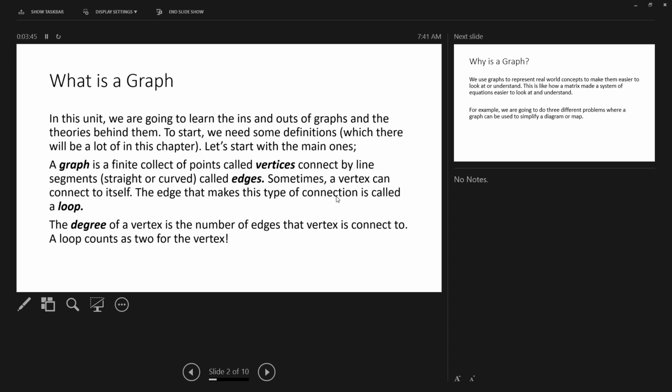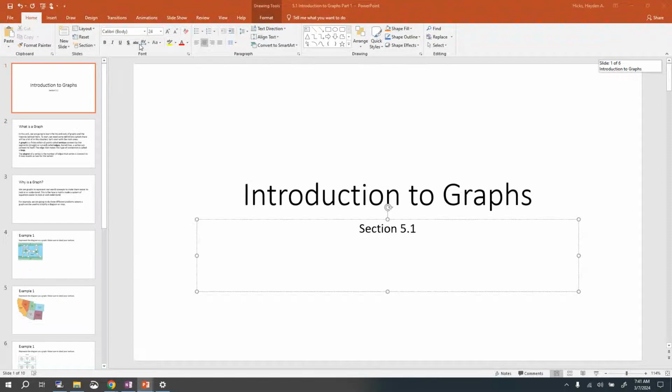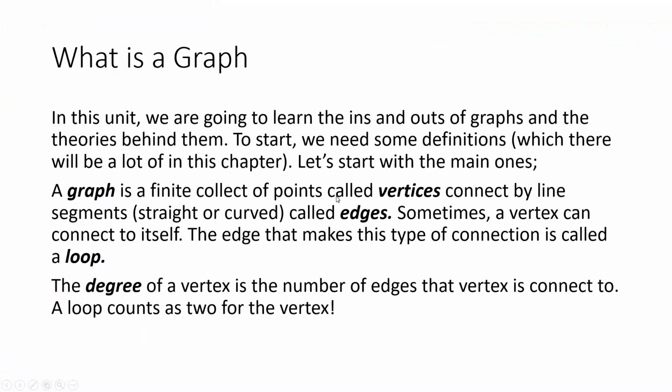So it would look like this. Let me do it on this. A vertex looks like this. Here are two vertices. Here's an edge. Here's another edge.